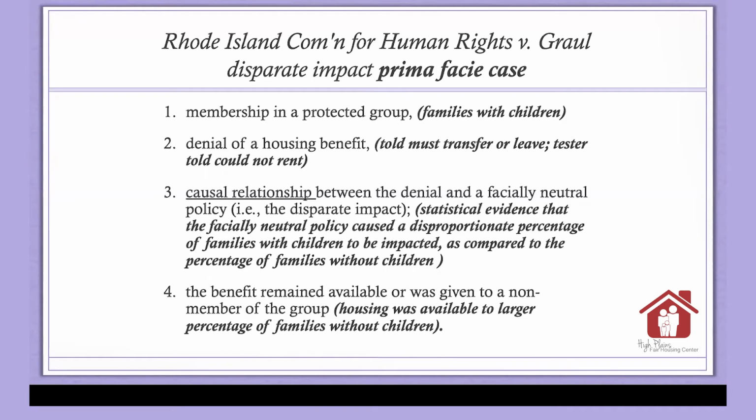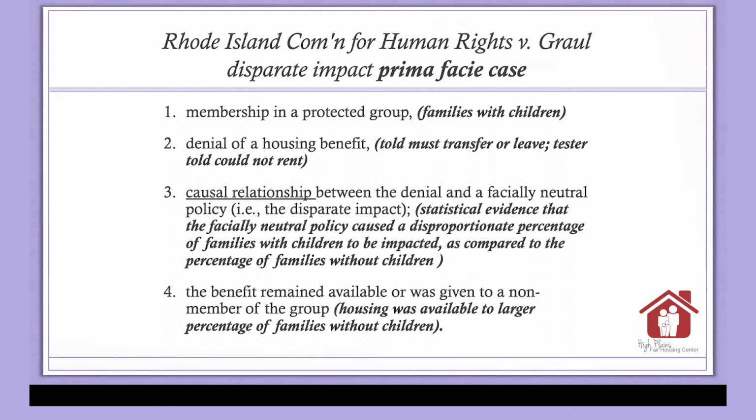It doesn't say we're targeting or only applying to families with children, but statistically, this causes a disproportionate percentage of denials of housing opportunities to families with children, because there are just not many families of 3 that are 3 adults. So compared to the percentage of families without children, it's the families with children who are impacted by this facially neutral policy. And that's the causal relationship.